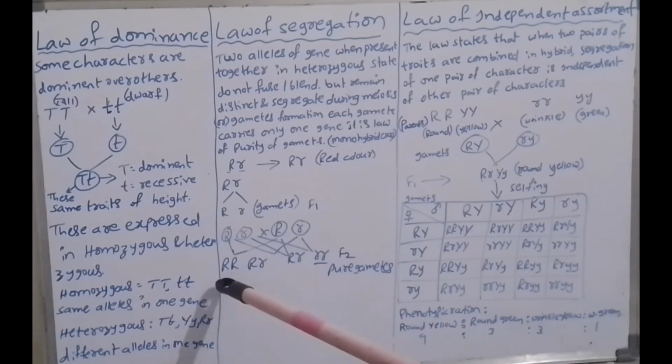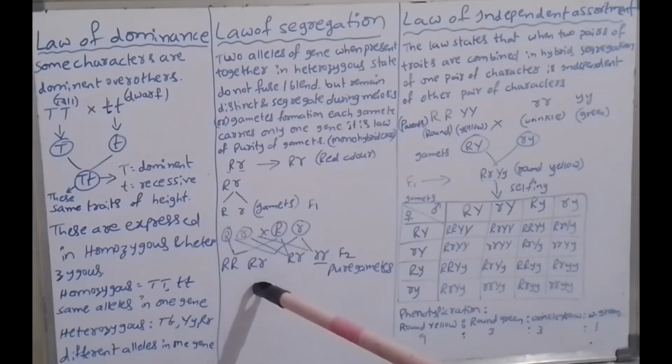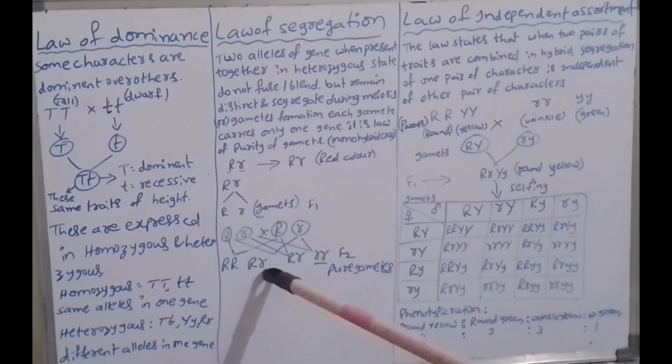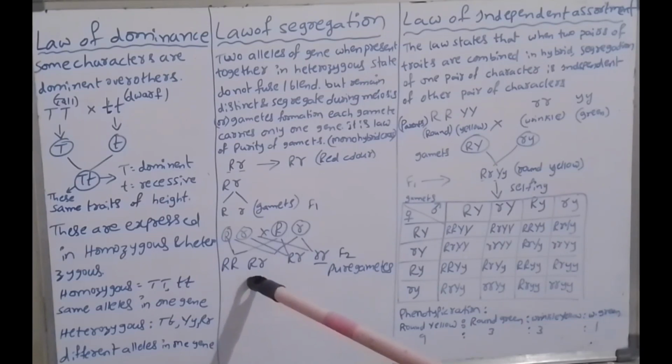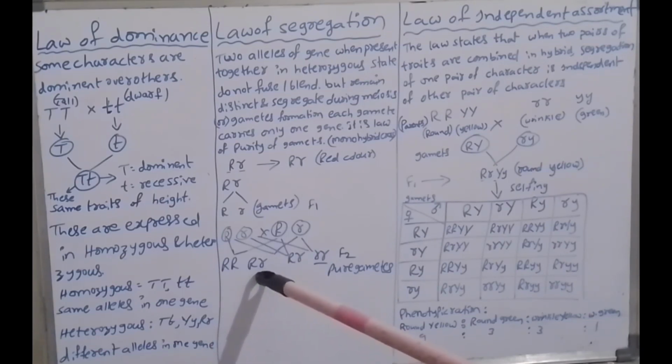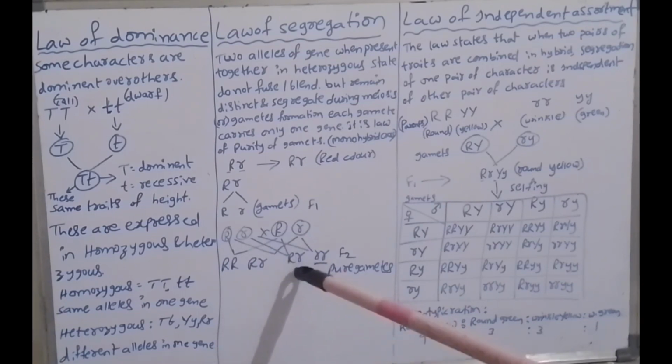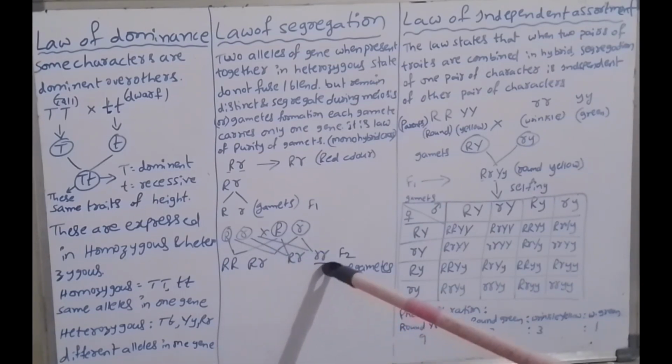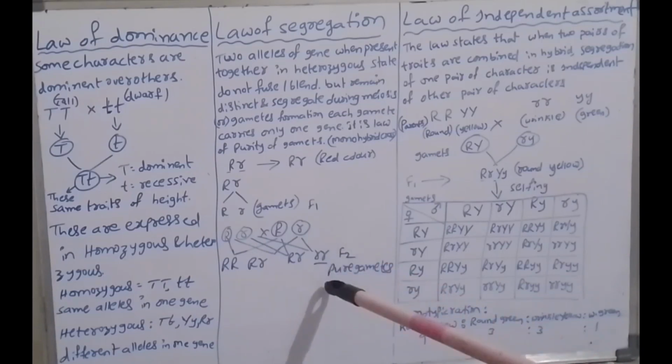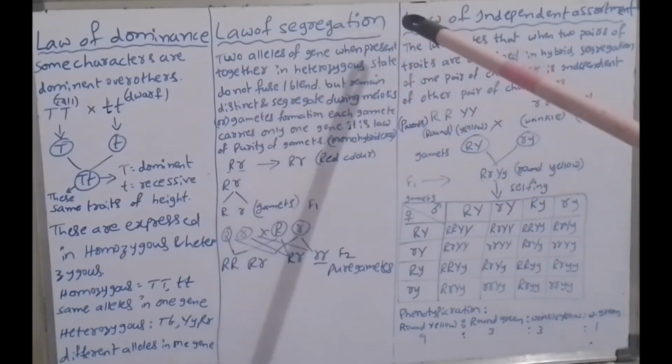First, capital RR means pure round plants. Next, Rr: here R is dominant, r is recessive, so these are round plants. Here also round plants. These are the F2 generation, with pure gametes. So this is the law of segregation.